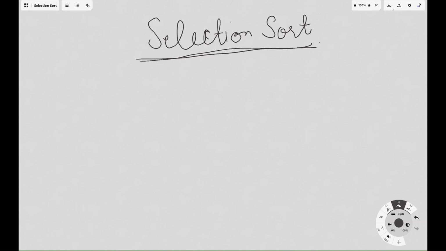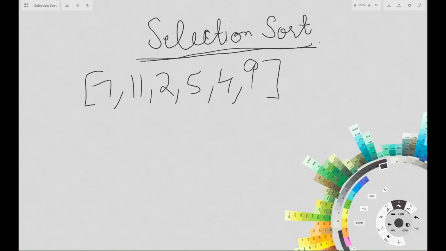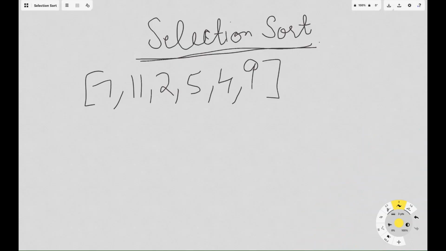So if we take our example 7, 11, 2, 5, 4, 9, the smallest element we will pick is 2, and we will swap it with the first element, which is 7. So our array will become 2, 11, 7, 5, 4, 9.